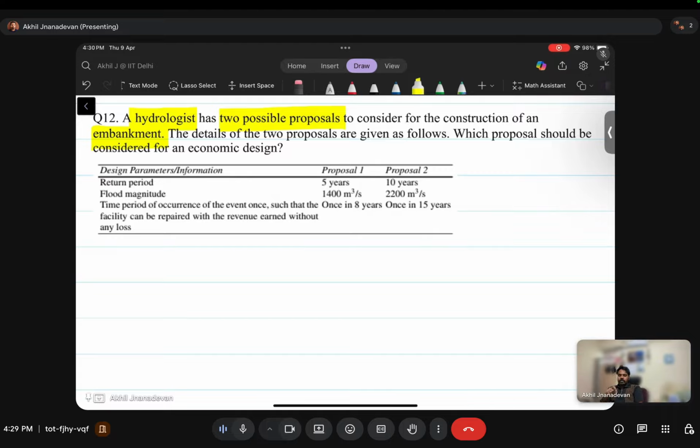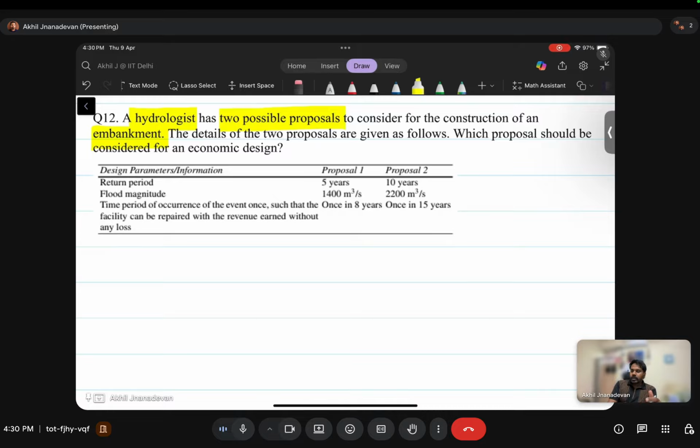The time period of occurrence of the event is such that once in 8 years and once in 15 years, the facilities can be repaired with the revenue earned without any loss.